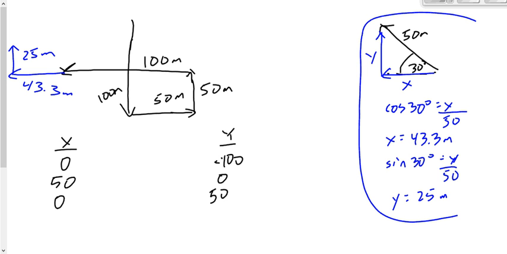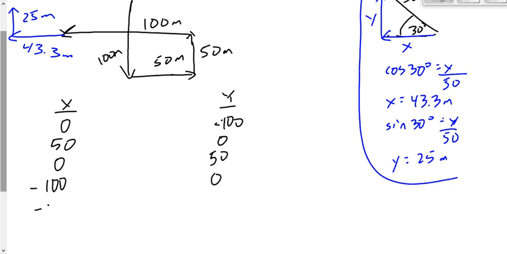This one is 100x, right? Is that right? No, what's wrong with it? Negative 100, because it's to the left, and it's 0y. Then we have negative 43.3 to the x and 0 to the y. And then we have 0 to the x and 25 to the y.